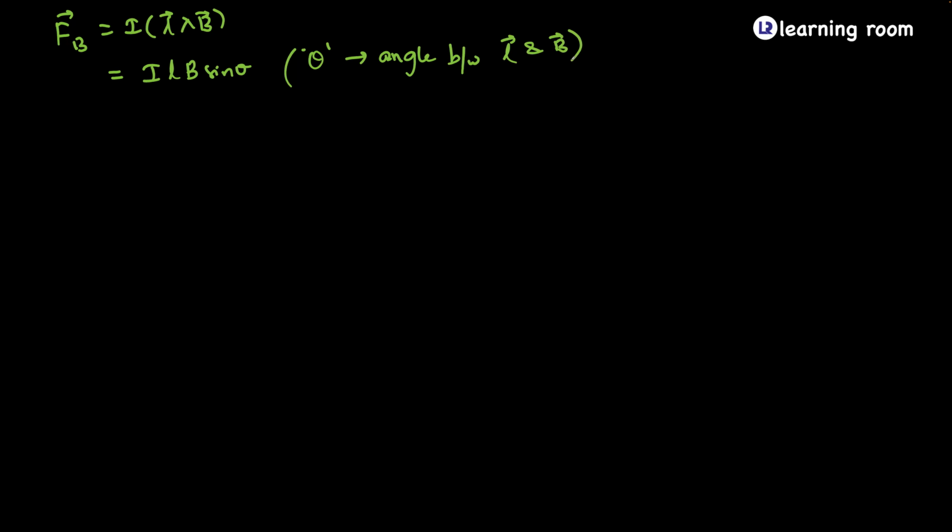For L vector, we give the direction of current itself. Is the point clear? So it is going to be ILB sin theta, or some books write it as BIL sin theta.